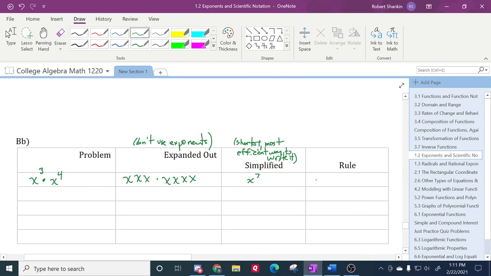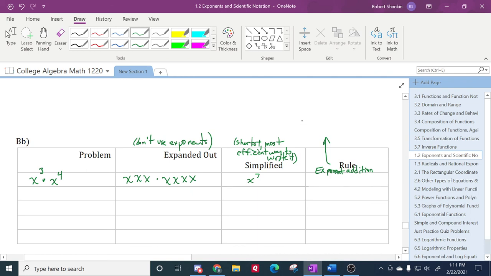This is Amari. Exponent addition. Exponent addition. So you're putting it into words, which is awesome.